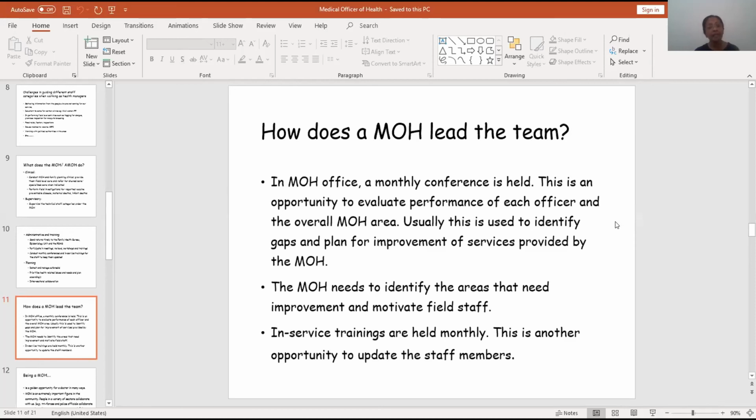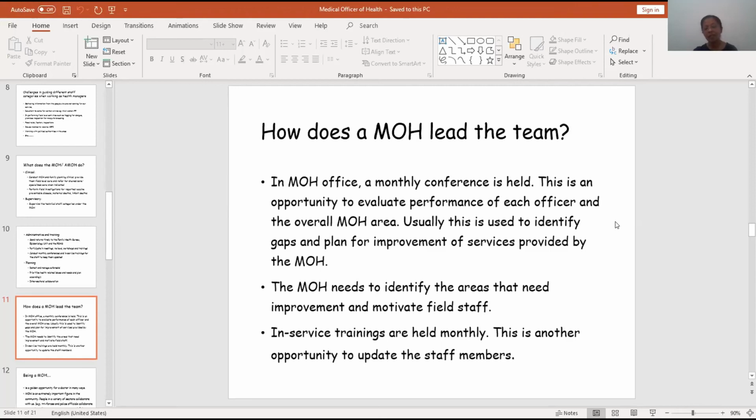And for the next month's plan, you get together and plan your next month's work. So briefly, those things are to be discussed at the monthly conference.